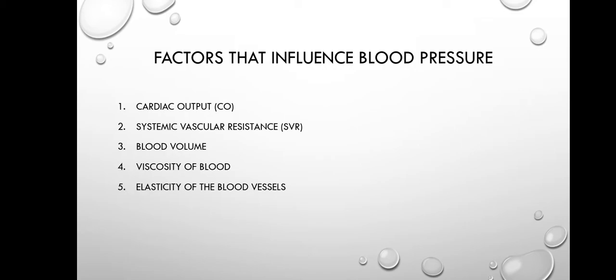So with systemic vascular resistance, what this simply talks about is the compliance of the vasculature to either dilate or constrict in order to maintain blood pressure within the normal homeostatic levels.